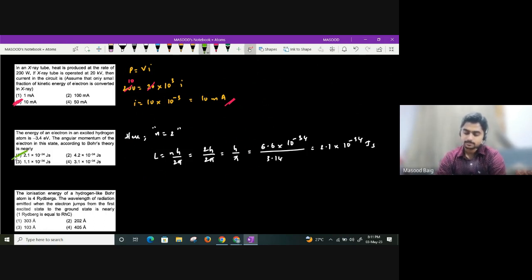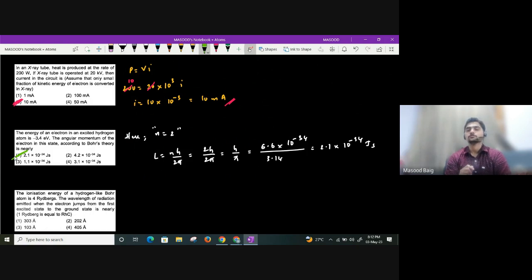Clear, everyone? Angular momentum, again, two things only we have in Bohr's model, guys. Again, he stated that electrons revolve around the nucleus in circular path. So whenever any object is performing circular motion, there should be a certain force directed towards the center called centripetal force. So in case of electron revolving around the nucleus, who will be providing the necessary centripetal force?